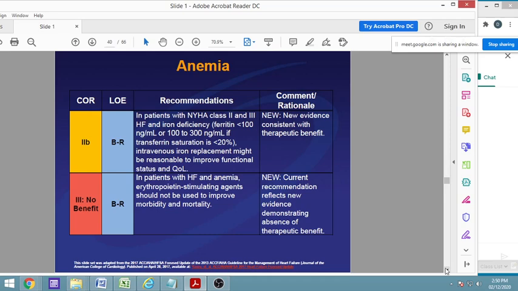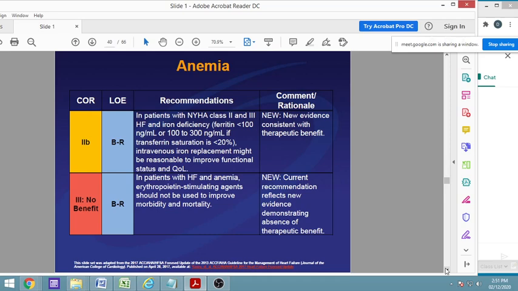So if it is anemia, then what is to be done? If transferrin saturation is less than 20%, intravenous iron supplement can be given, because if there is anemia, the heart is already pumping less, there is heart failure, ejection fraction is less, and if there is iron deficiency anemia, then in those cases it is better to improve the oxygen carrying capacity by improving the hemoglobin.